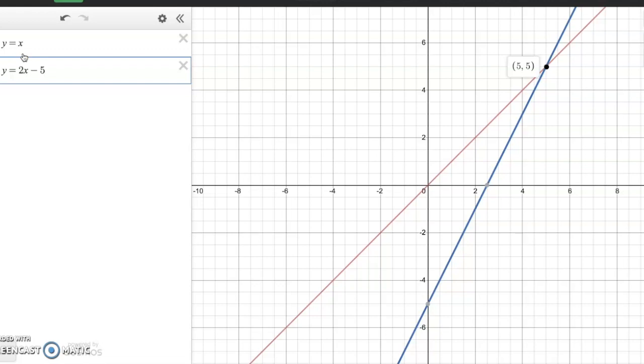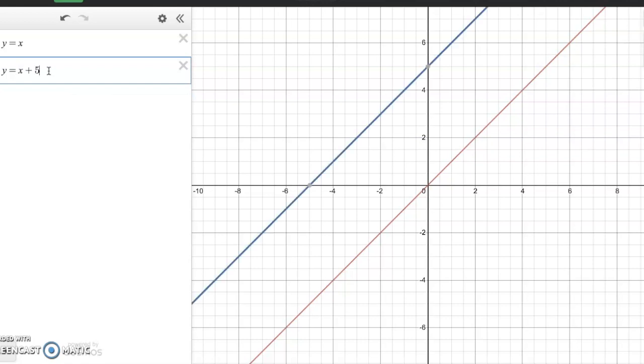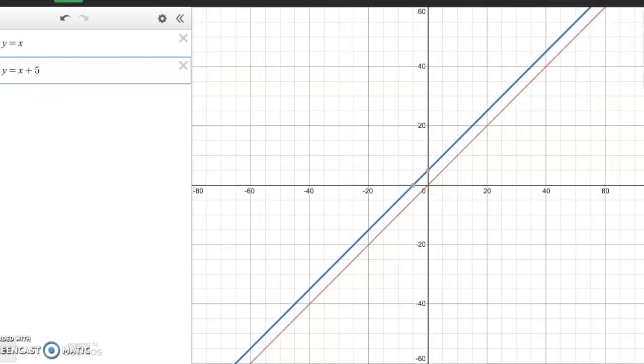However, sometimes, much like when we had equations in one variable, when we have a system of two equations, we can also have some situations where we have no solution. And when that occurs in a system is when the two lines are parallel. So for example, if we have y equals x and y equals x plus 5.